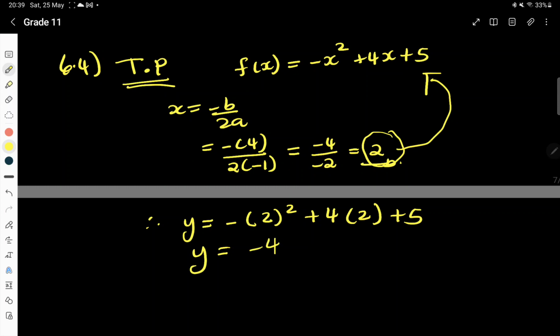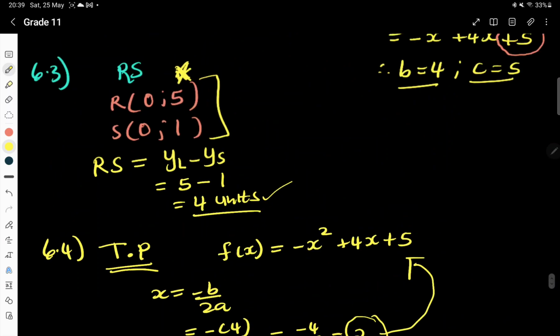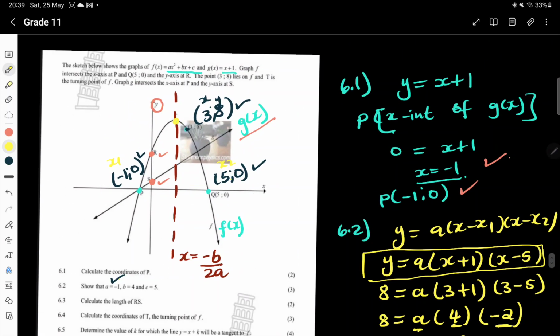It's negative 4 plus 8 plus 5. Then y will be negative 4 plus 8 is 4, plus 5 is 9. Then the turning point will be (2; 9). It makes sense. The maximum value there will be 9.